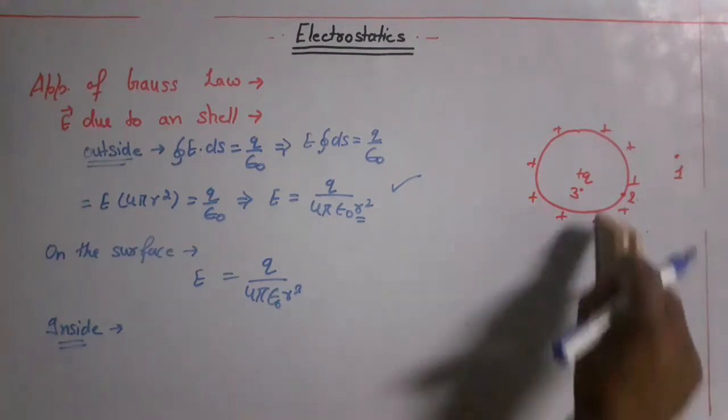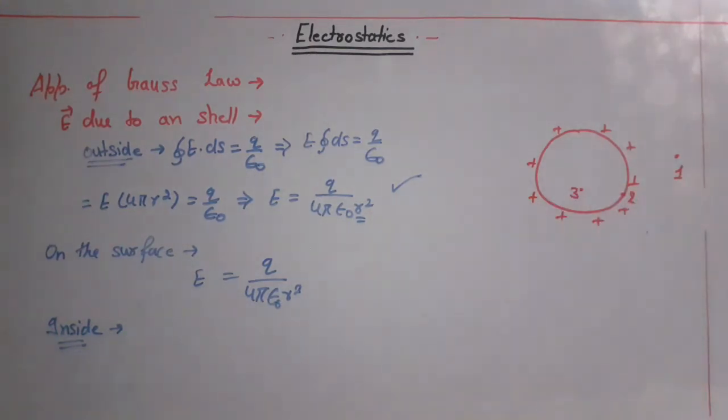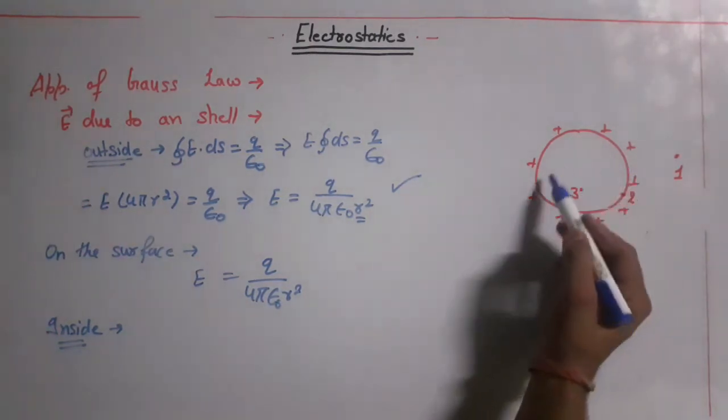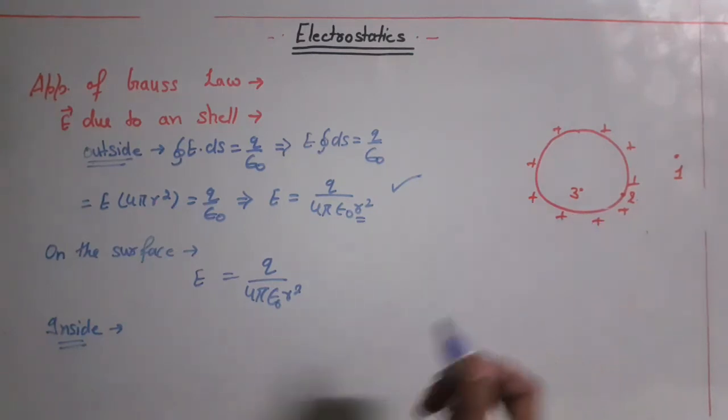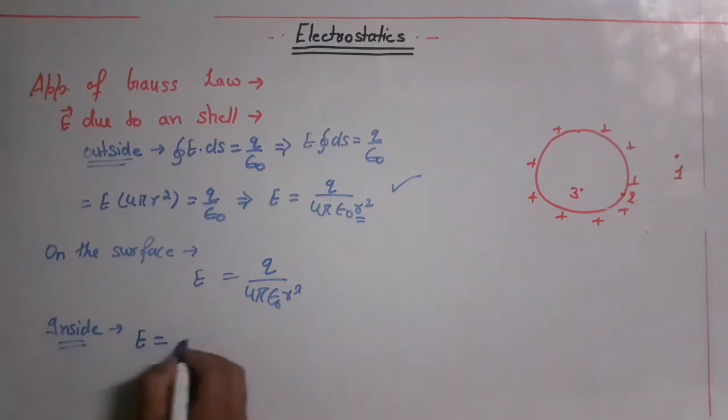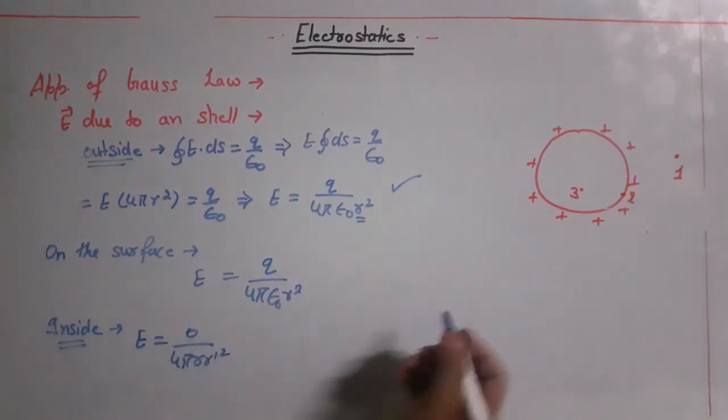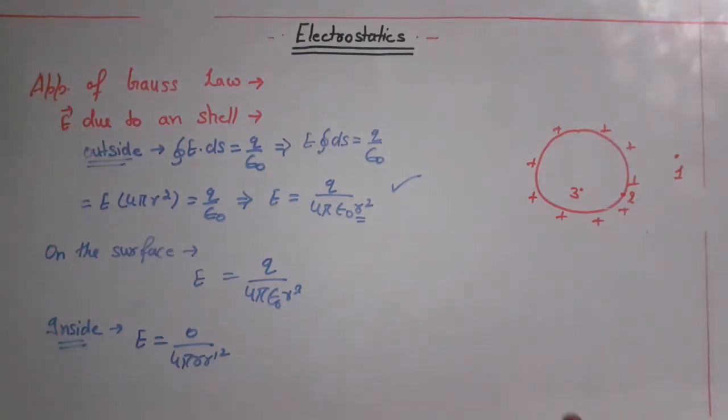Why? Because this plus q charge distributes on the surface of this shell, and inside this cavity we have net charge equal to 0. So this becomes 0 divided by 4 pi epsilon naught r dash square, where r dash is the distance inside this spherical shell, and this becomes 0. So the electric field inside this spherical cavity is 0.